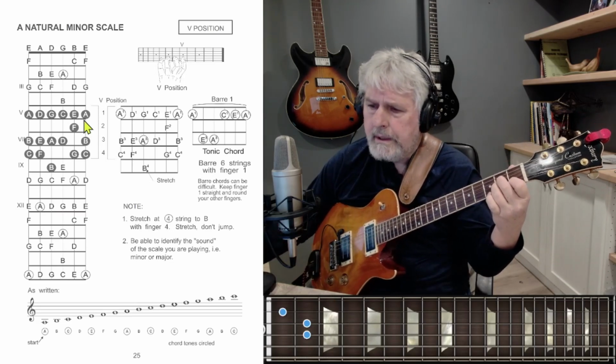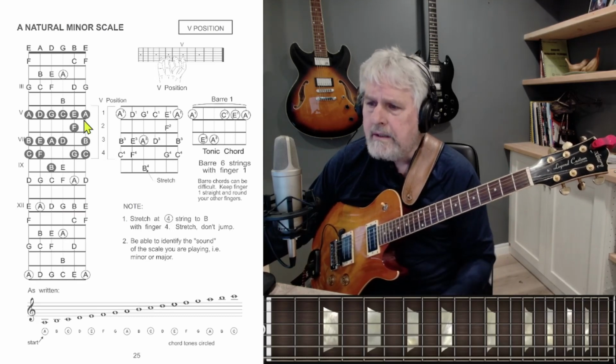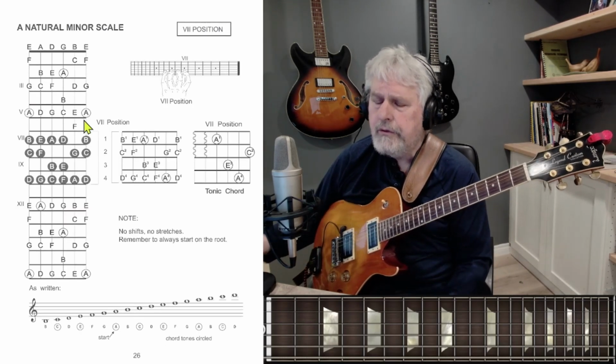So just noodling around in the key of A minor in 5th position, moving through simple chords. These are things that you should do as well.